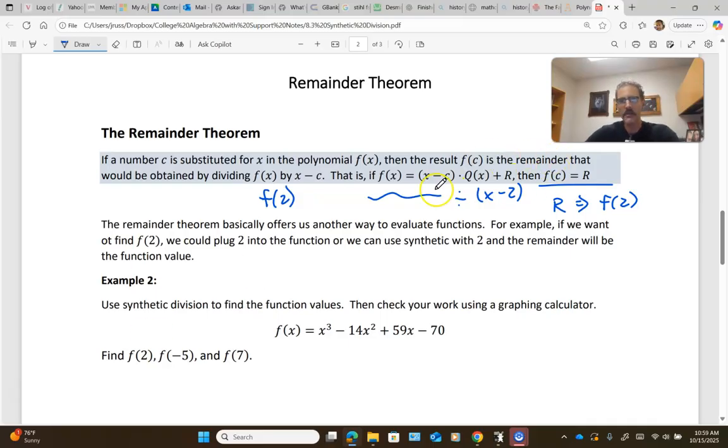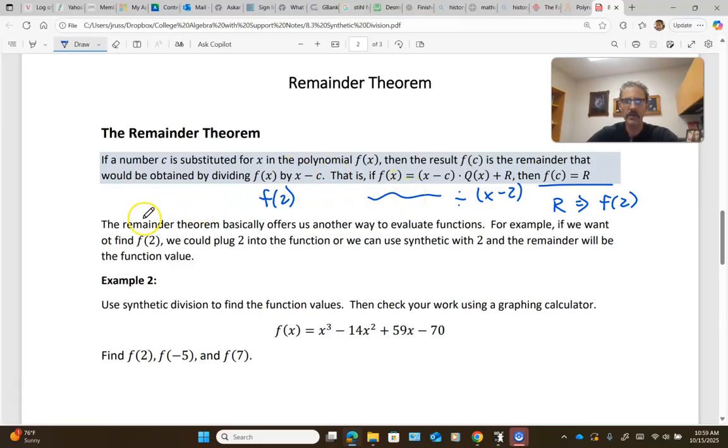So really what this is telling us is that if I do synthetic division with 2, the remainder will be the actual function value. And so this offers us another way to evaluate a function, a polynomial anyway. And we'll talk about why you might be interested in this here in a minute.